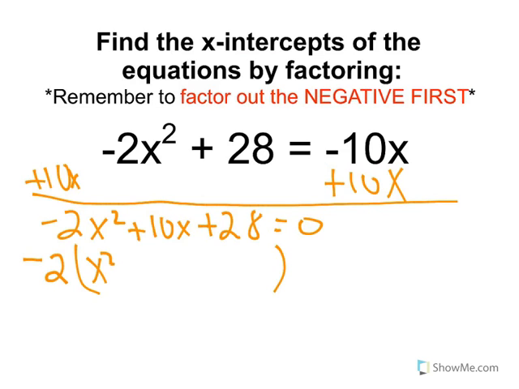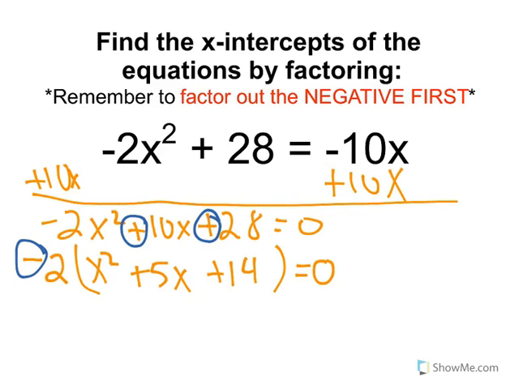So that's going to become x squared plus 5x plus 14 is equal to 0. But hopefully you caught that if I'm taking a negative out, all of the signs are going to change. So those aren't going to be positive anymore, just like the front one wasn't negative anymore. So this is going to become a minus, and this is going to become a minus.